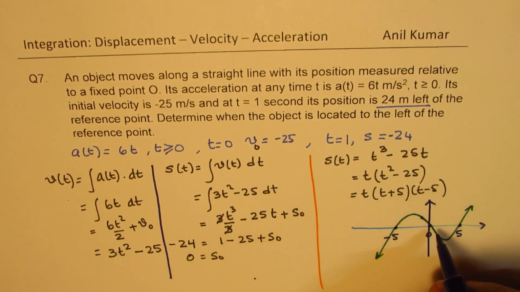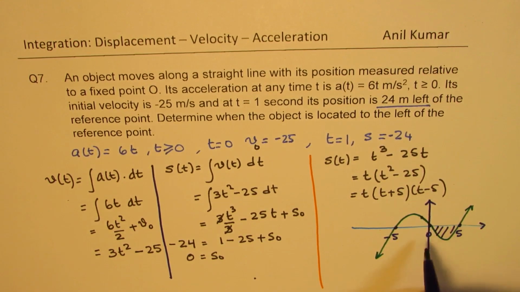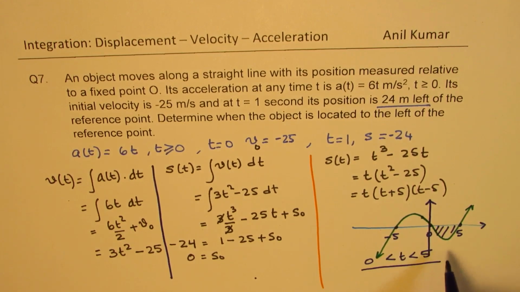Since that is the displacement, and displacement is negative in this portion, do you see that? So it is on the left of the reference point when the time is between 0 and 5, correct? Does that make sense to you, right?